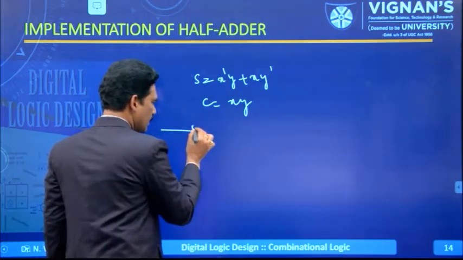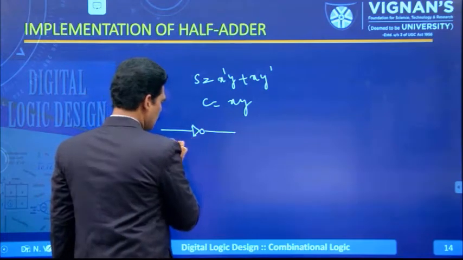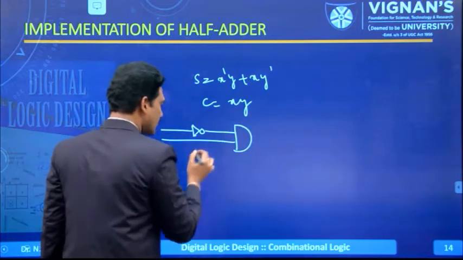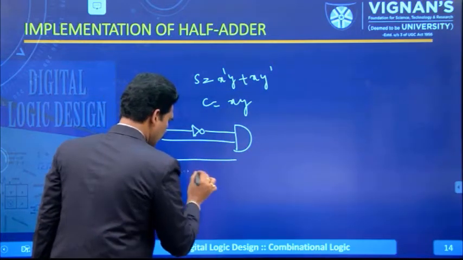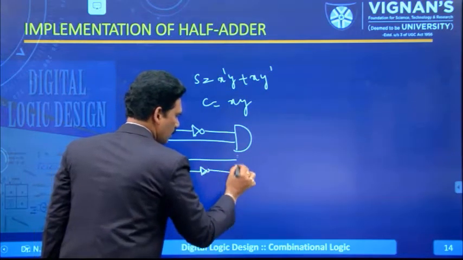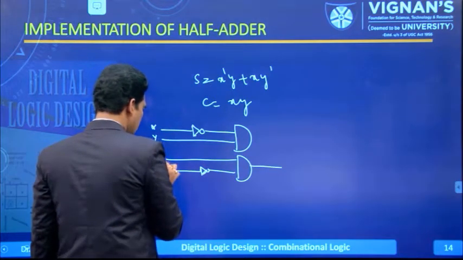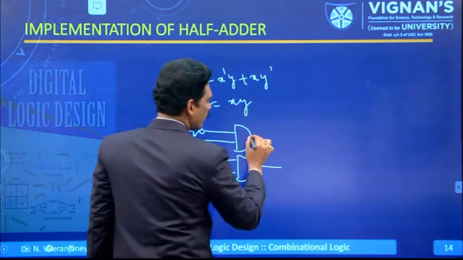This is x, x bar, and this is y. This is the AND gate, and this is x, y bar. This is x and this is y bar. This is x y. This is x bar y.